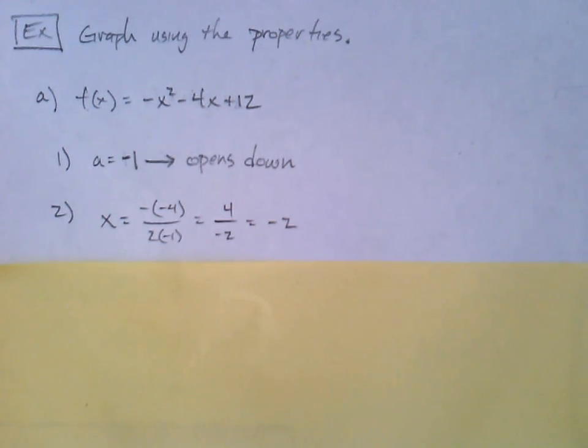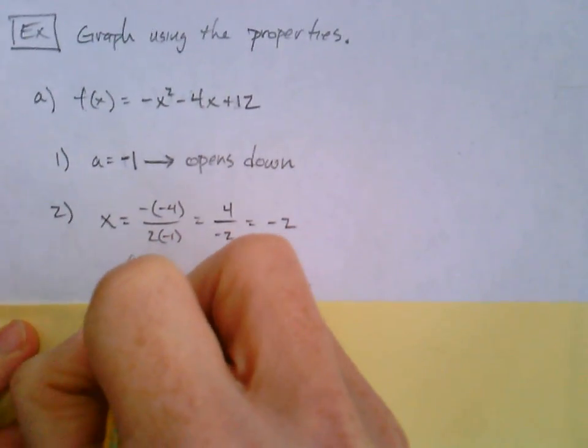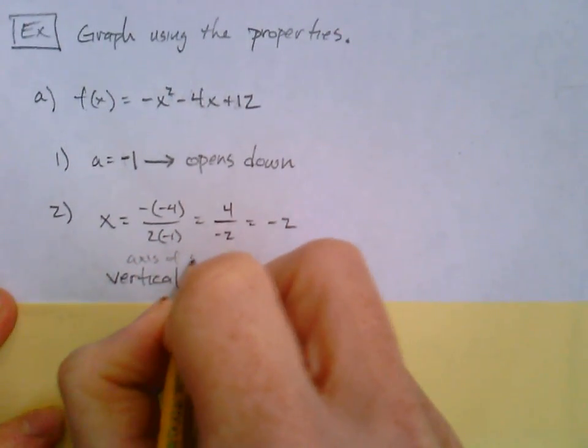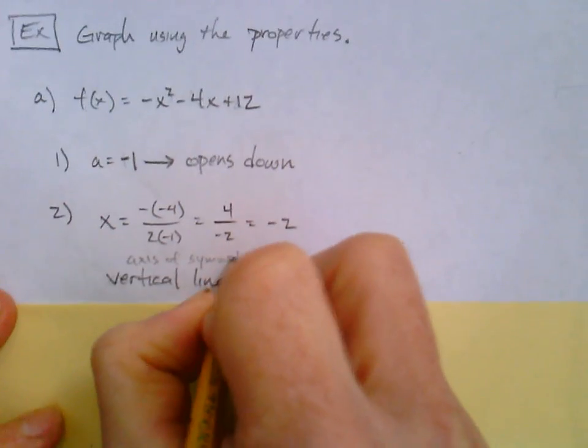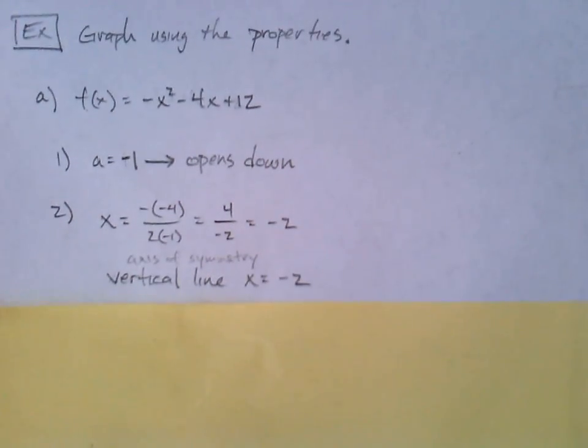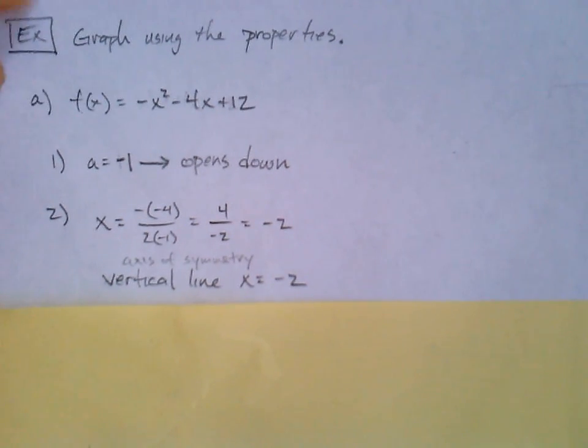Negative b over 2a gives me positive 4 over -2, which is -2. So I'm going to say the axis of symmetry is the vertical line located at x equals -2. So far, so good.